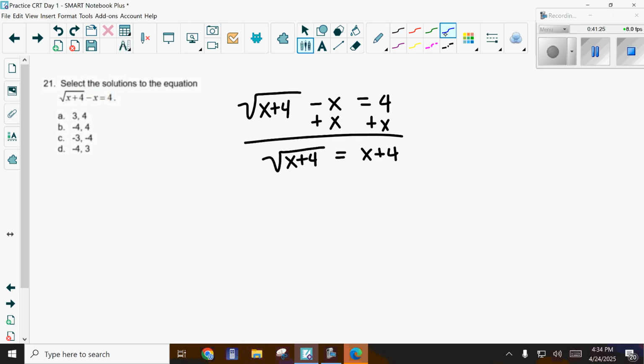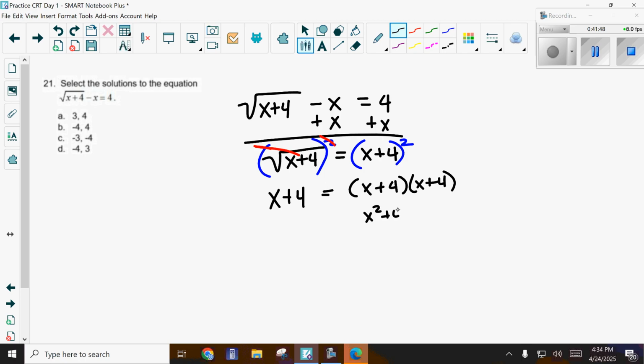And then what I'm going to do is I want to get this out, so I'm going to square that, but it's not fair to just do it to one side, so I have to do it to both sides. On the left, this cancels the radical, so I'll have regular x plus 4. This one, we've got to write it out 2 times. And then we're going to FOIL it out, so x squared plus 4x, that's this part.